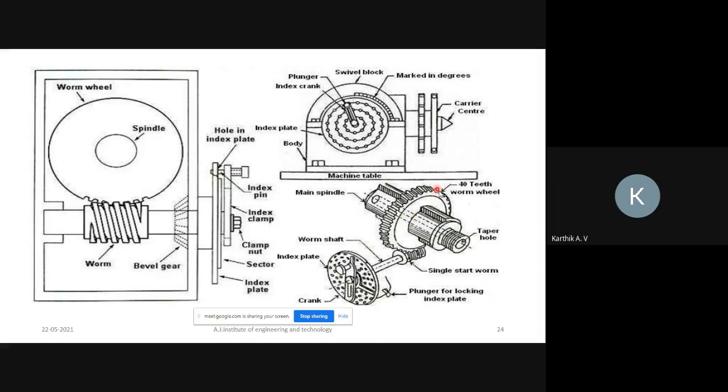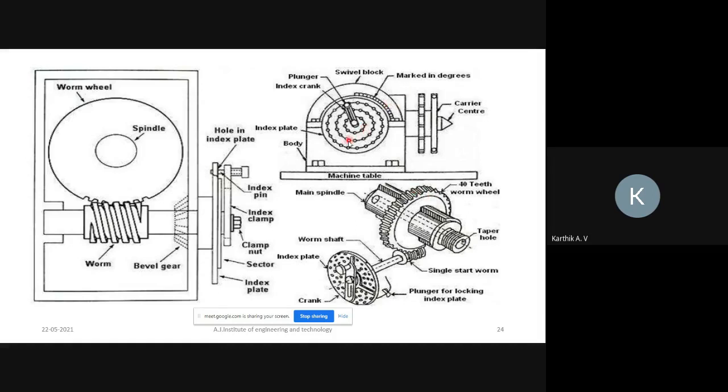One full rotation of this spur gear is equal to 40 times rotation of this crank. So the worm wheel acts as a speed reduction gear. This is called the worm gear. The worm gear is attached to the worm wheel. The worm wheel is also a spur gear.